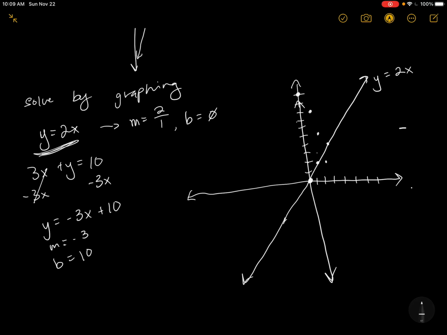I don't think I did that right. 1, 2, 3, 4. Oh yeah, I didn't. This is why it's always a good idea to use actual graph paper.